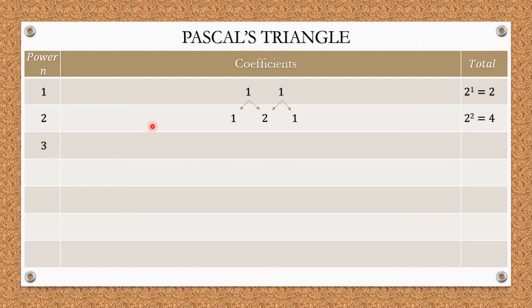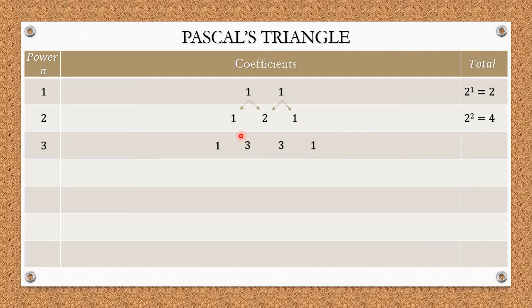Now here the power is 3. So first of all, we are going to write 1 in the diagonal manner. Then I'm going to add 1 and 2 and write the answer in the center here. Again, I'm going to add 2 plus 1 and write the answer in the center here. And then I'm going to write this 1 diagonally here.